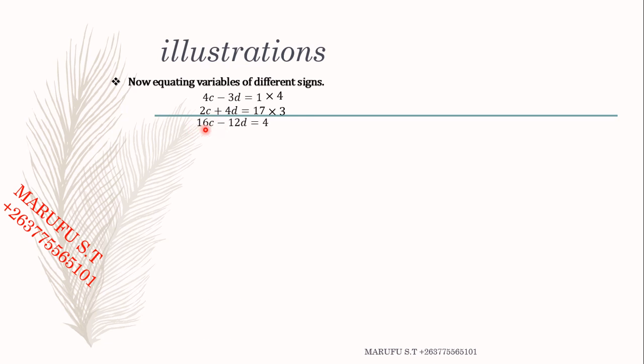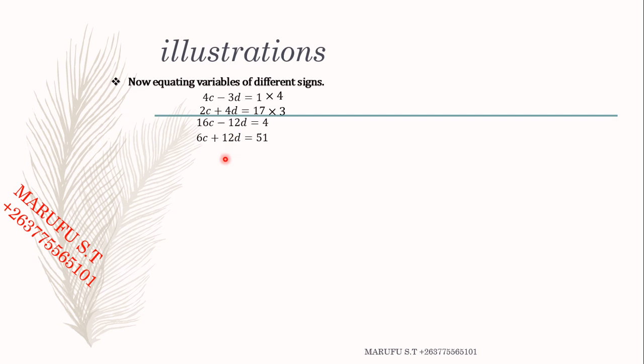Now from there you would see we are now multiplying. Right? Now there is minus 12d and plus 12d. How do we solve it? Now, given that these are different signs, you have equated the variable which has got different signs. You do not introduce the minus signs.